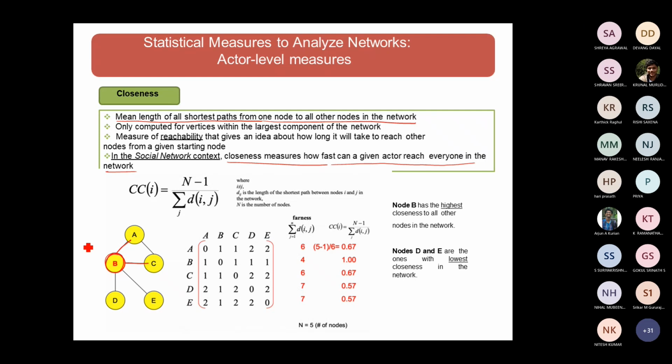For example, I am the faculty over here, and I have to find some person in the graph. If I select A, this A has only two connections. If I select C, this also has only two connections. But if I select B, the total number of students in the class is 5.